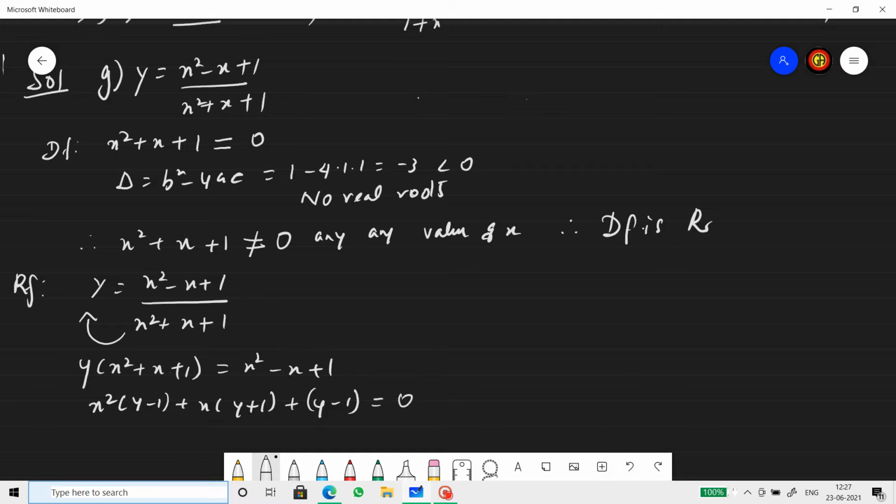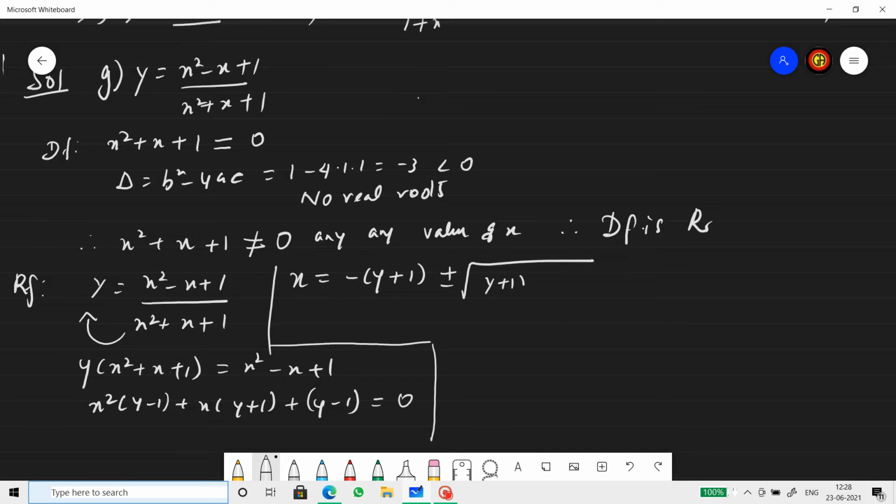Now, again, it's a quadratic, so we have to use the quadratic formula. x equals, you all know that, so I'm not writing it again, minus of y plus 1 plus or minus root over y plus 1 the whole square minus 4 into y minus 1 into y minus 1, by 2 times y minus 1.